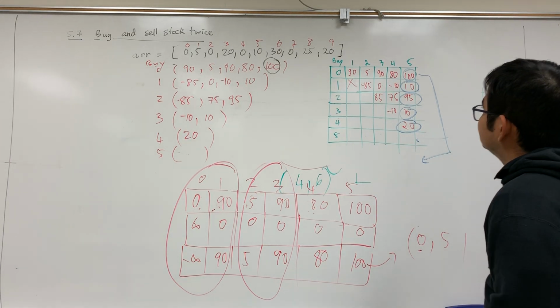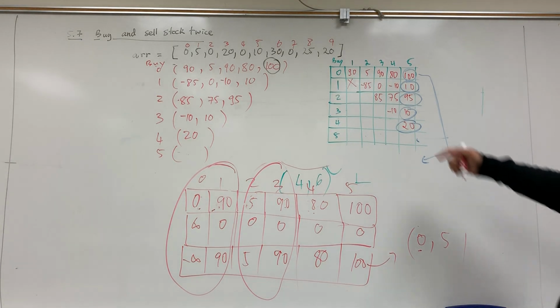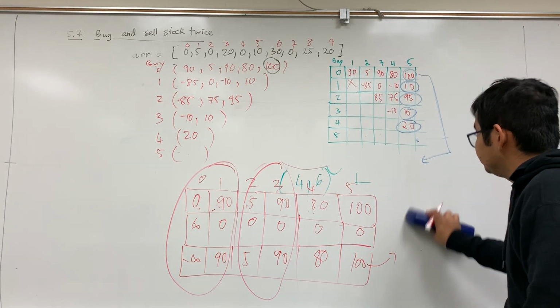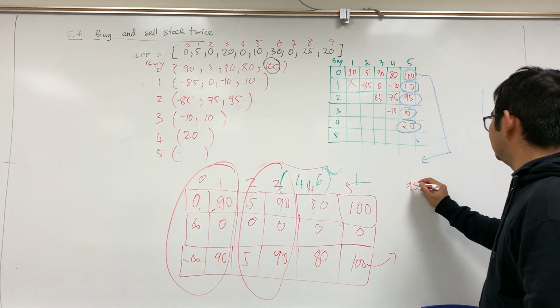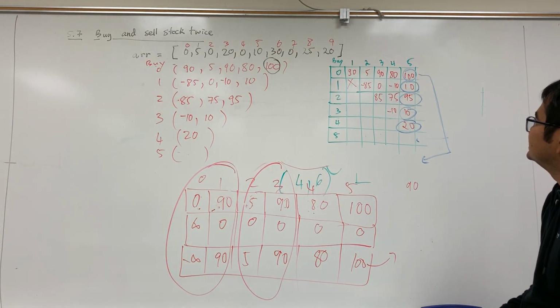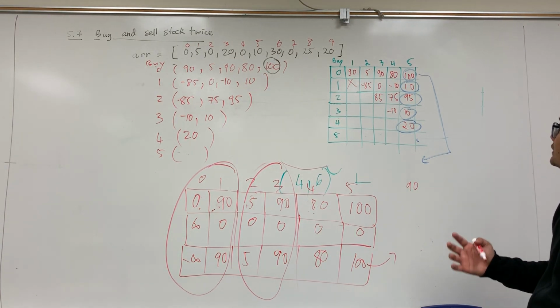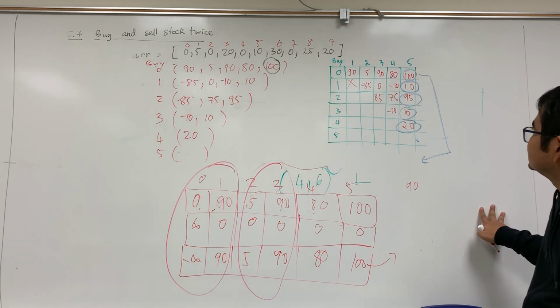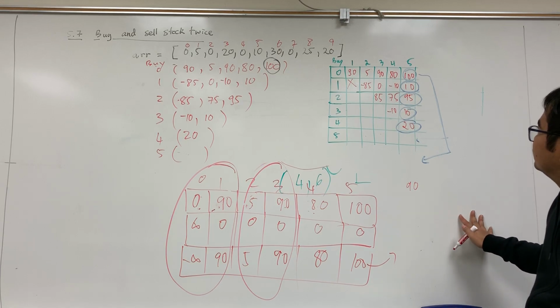Yeah, we can do brute force as well right here. For 90, we can do a combination. So buy at 0, you can sell at 1. Since you sell at 1, you cannot buy again at 1.